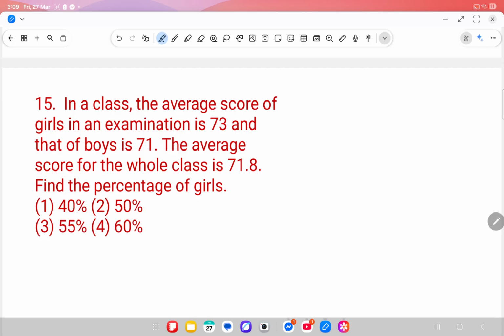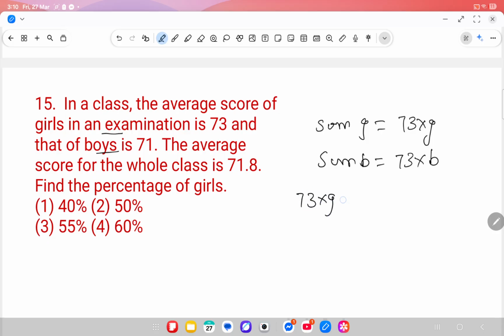See, let the total number of girls be G and the total number of boys be B. So the sum of girls is 73 into G and the sum of boys is 71 into B. Now 73 into G plus 71 into B, whole divided by G plus B, is equal to the total average 71.8. If you do this, you will get the answer.